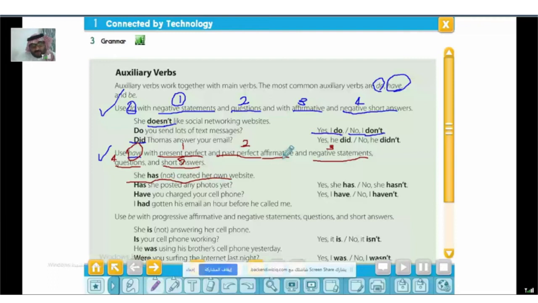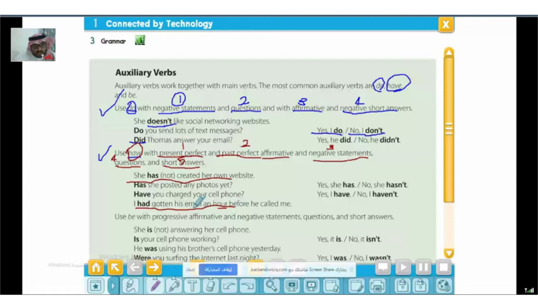Number two, past perfect affirmative. This sentence is a past perfect affirmative sentence. Number two is a past perfect affirmative.